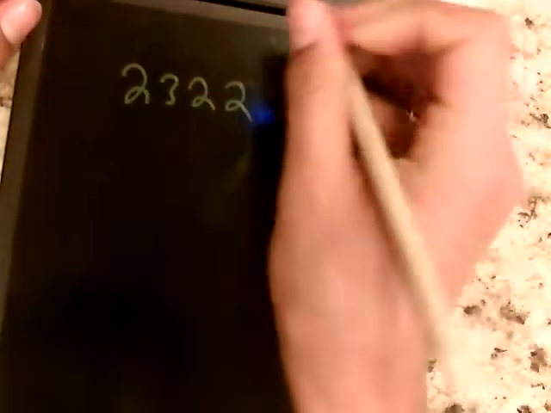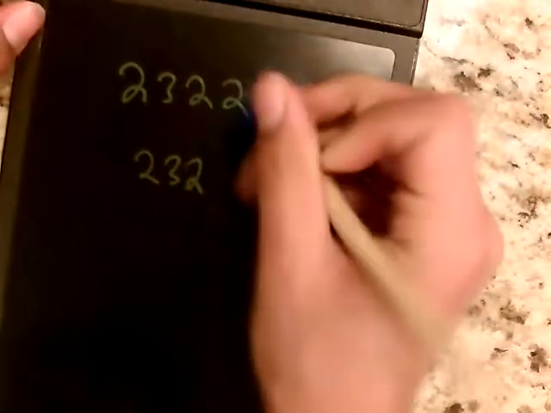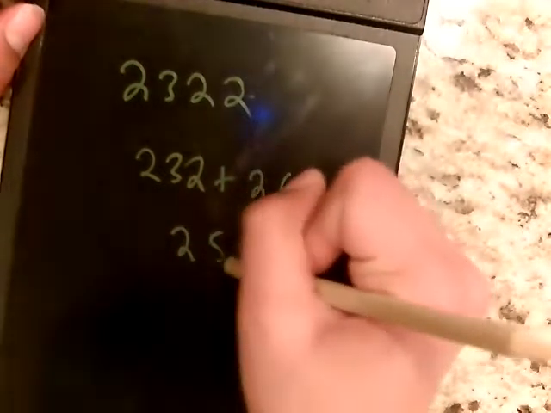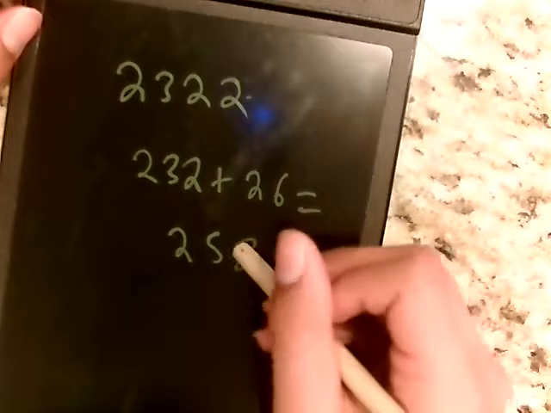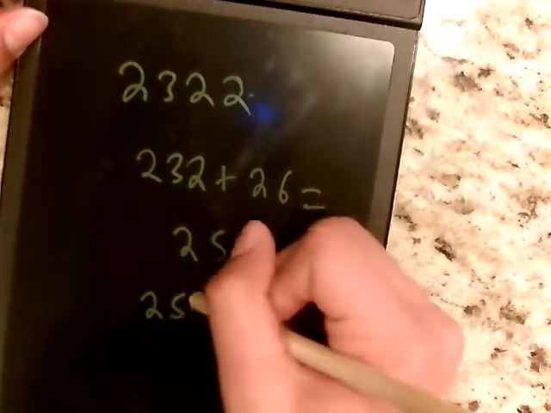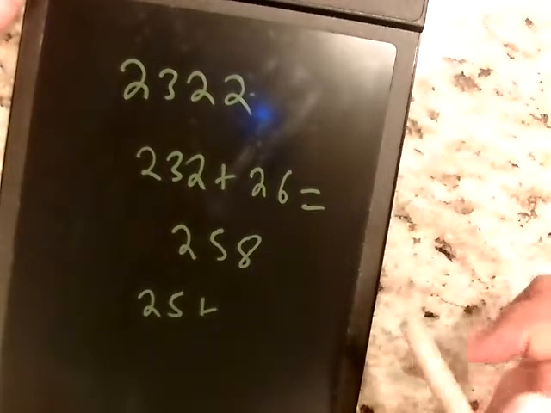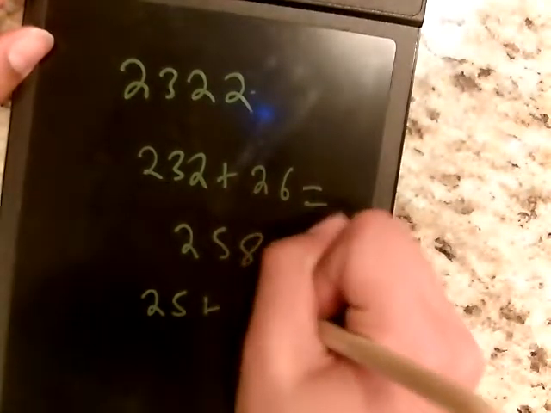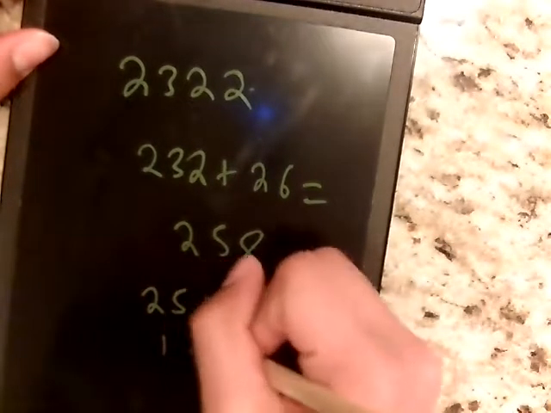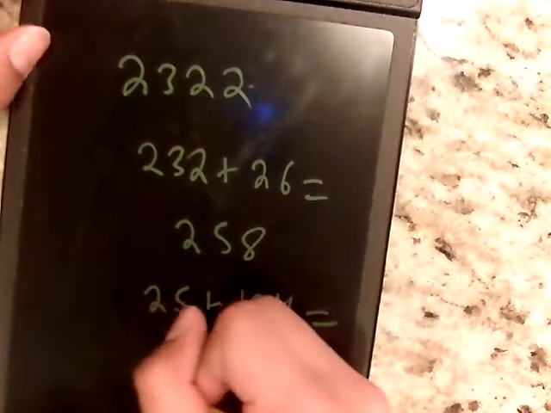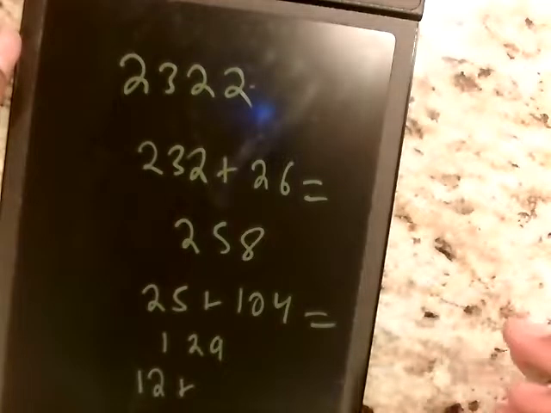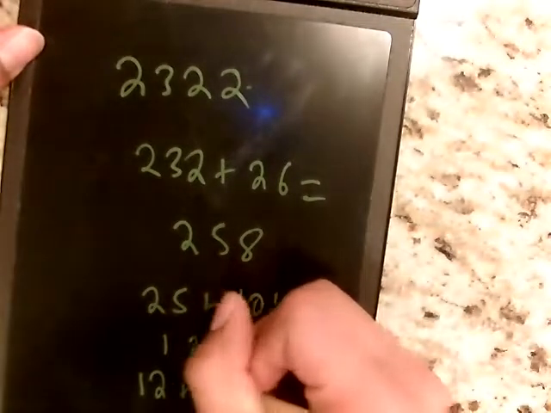So let's see, 2,322. Take that last one, 232 plus 26 equals 258. Then 25 plus 13 times 8 equals 104, plus 104 equals 129, and then 12 plus 117.